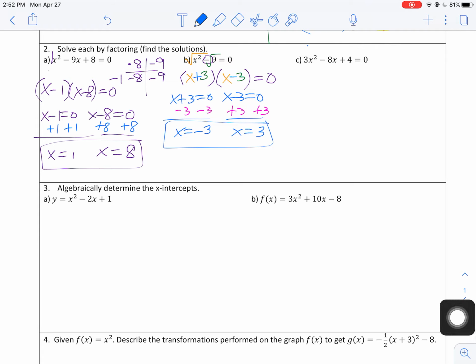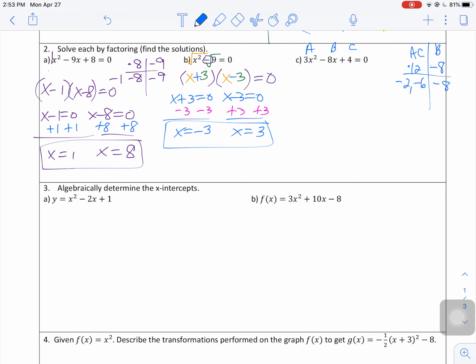So we want two numbers that multiply to a times c. So a times c would be 3 times 4, which is 12. Those same two numbers need to add up to the b value, which is -8. So I'm thinking -2 times -6 is +12, and -2 plus -6 is -8.